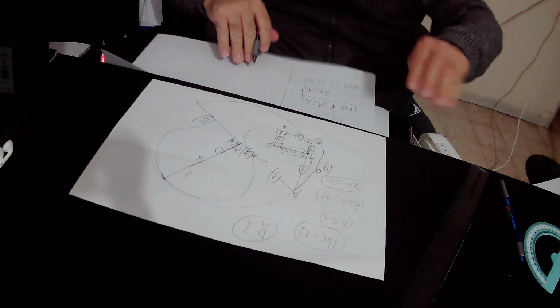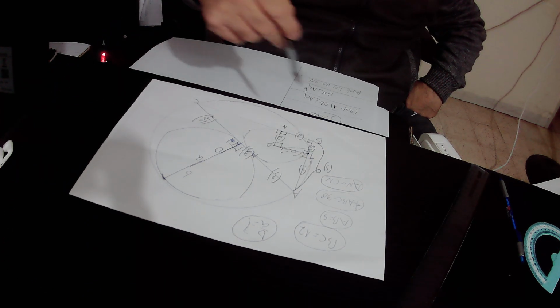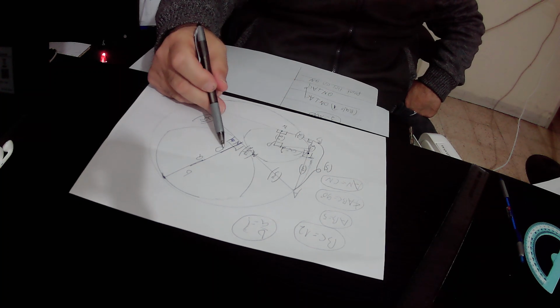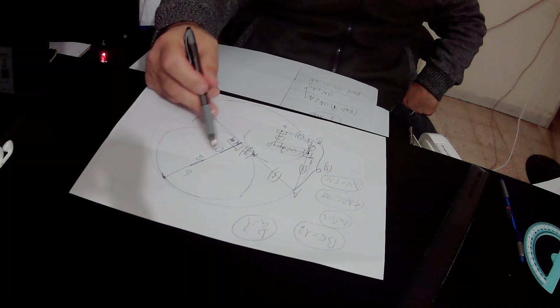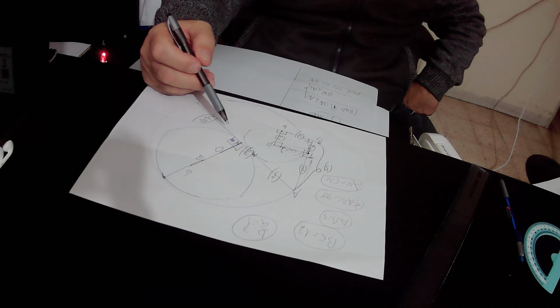Look at it again. This is point O, that is the center of the biggest circle. This point O must lie on the radius QN of this circle.